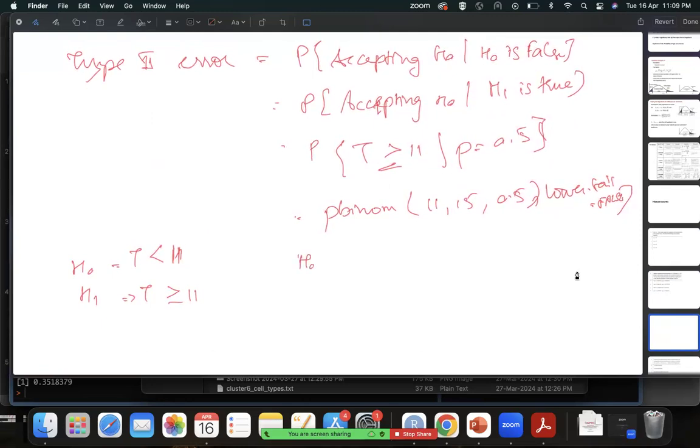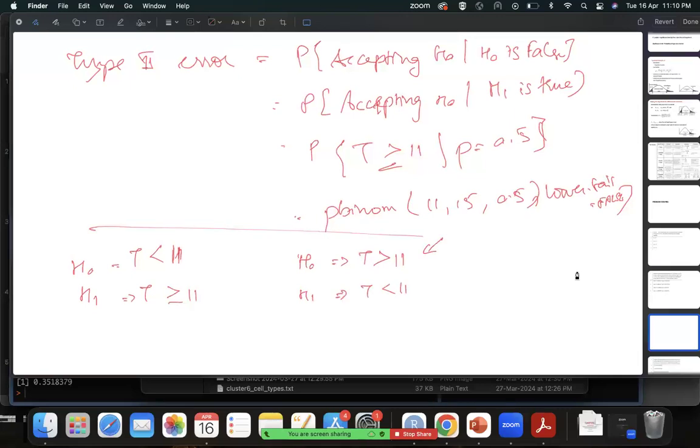We have two scenarios. Statistic hypothesis t. In the question, t greater than 11 is given. So this is our current scenario.